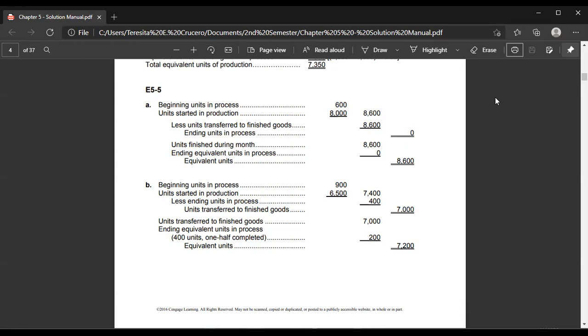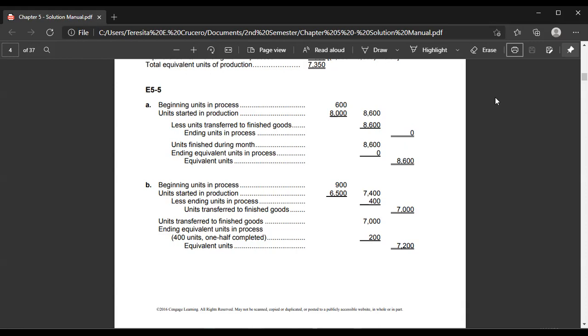Now remember the guide that I have given you for determining your equivalent units. First, we have to determine the beginning inventory, add units just started. So you have the units to be accounted for. And the units to be accounted for must equal the units accounted for. And the units accounted for is the sum of the units completed and the in process at the end.